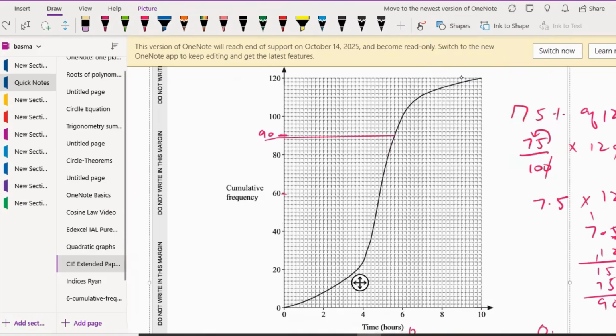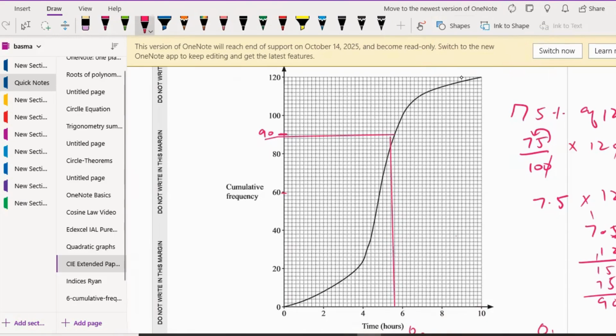If I join it from here, this is the point. That's 1 2 3 4 5, that's the 5. So this point is 5.2, 5.4, 5.6. That point is 5.6, so the upper quartile is 5.6.